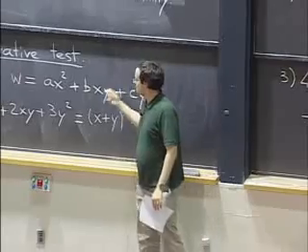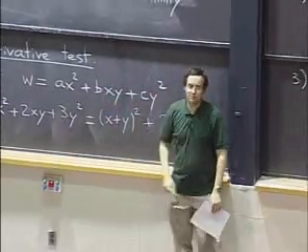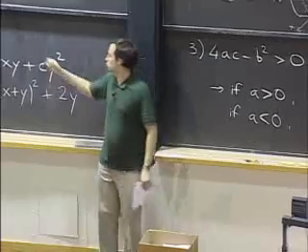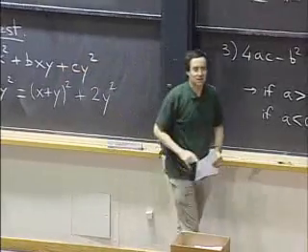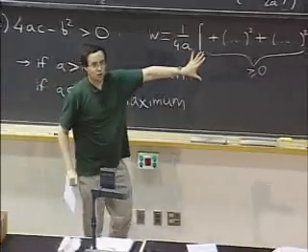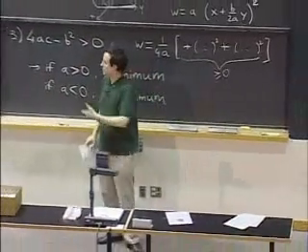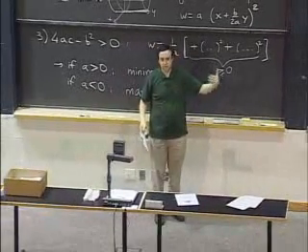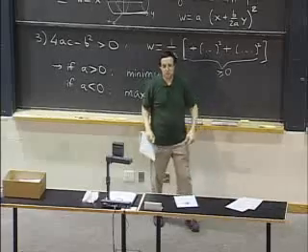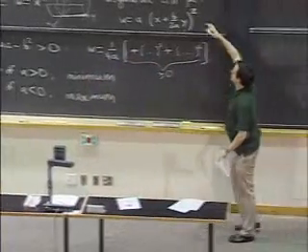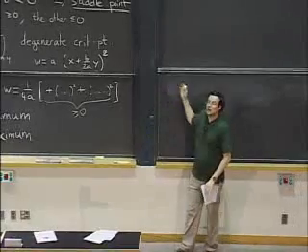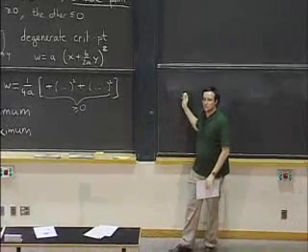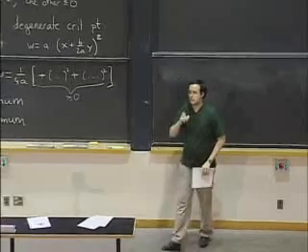But that's because a, b, and c will be the second derivatives of the function, actually 2a, b, and 2c. So now we are going to go to a general function. And there, instead of having these coefficients a, b, and c given to us, we'll have to compute them as second derivatives. Okay? So here I'm basically setting the stage for what will be the actual criterion we'll use using second derivatives.